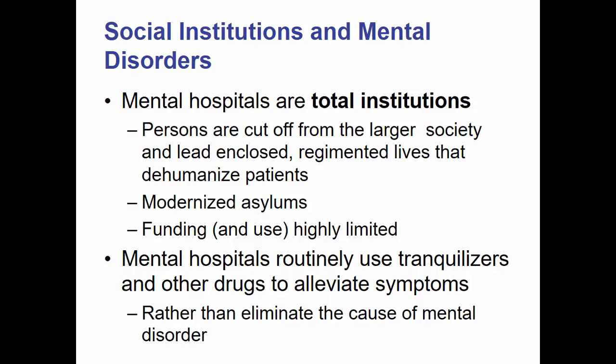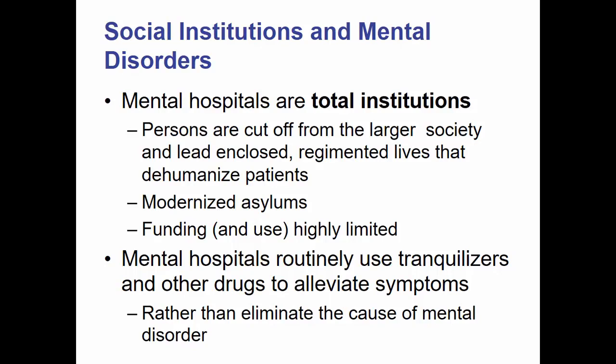There are modernized asylums, and basically these mental hospitals have highly limited funding. Those mental hospitals that still do exist are almost always private institutions, and most of the people in those mental hospitals are very, very troubled, very far gone. Most of them are often catatonic, unable really even to communicate with the outside world.